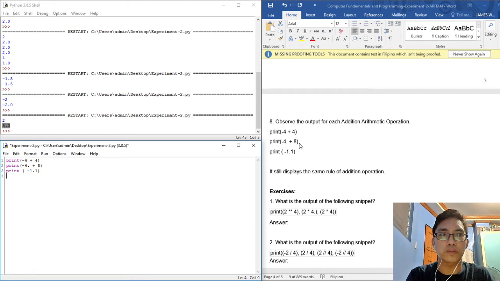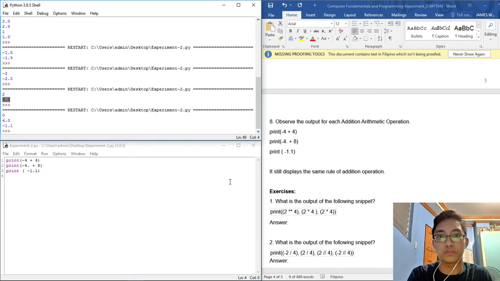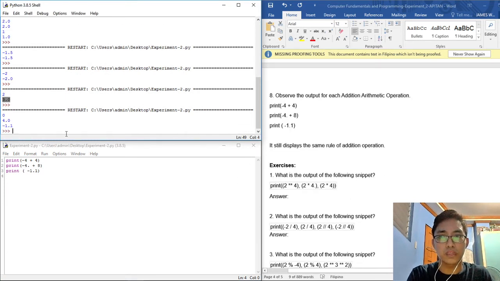Negative 4 plus 8 is 4. Negative 4 plus 4 is 0, while negative 1.1 is still negative 1.1, like so. That's why it is 4.0, because the 4 here is a float because of the period.